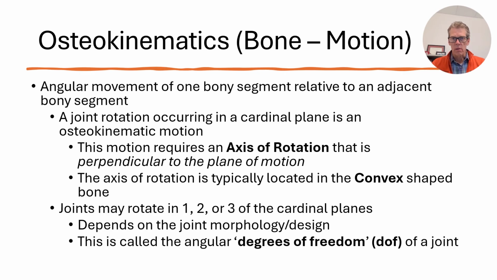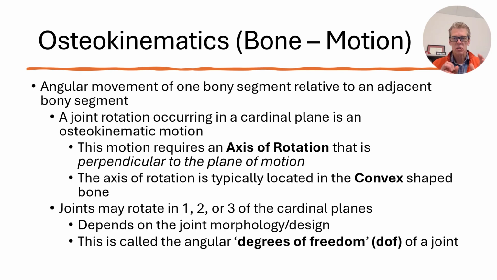Okay, so joints come in all different shapes, sizes, configurations, and we've talked about 3 cardinal planes, and there are some joints that can rotate in all 3 planes. The glenohumeral joint is a great example. But there are some joints that can only rotate in 2 planes, and some that can only rotate in 1 plane.